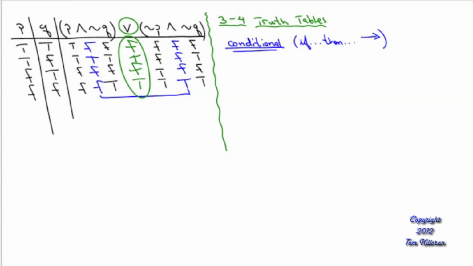All right, let me give you two simple statements. Simple statement P is my son passed his test, and simple statement Q is I bought my son some ice cream.